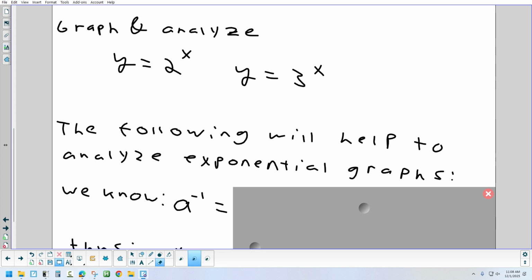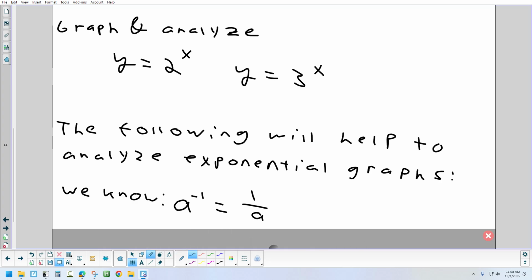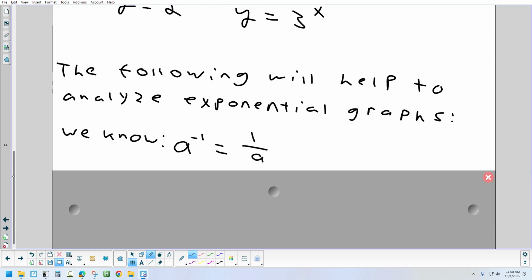It is a fraction though. Is it 1 over a? 1 over a. Yeah. So when you raise something to the negative 1 power, it's the reciprocal. It takes it and flips whatever you have. So keep that in mind because we're going to use that in a second.